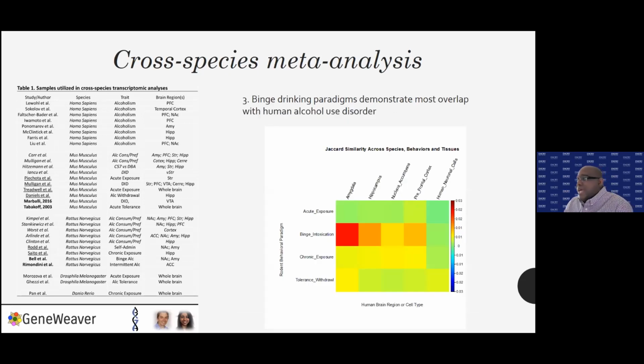We also observed that several behavioral paradigms of the exposure models work best. This is Jaccard similarity across species, behaviors and tissues. Essentially, we found significant overlap between human alcohol use disorder and binge-like models of alcohol use in both mice and rats.